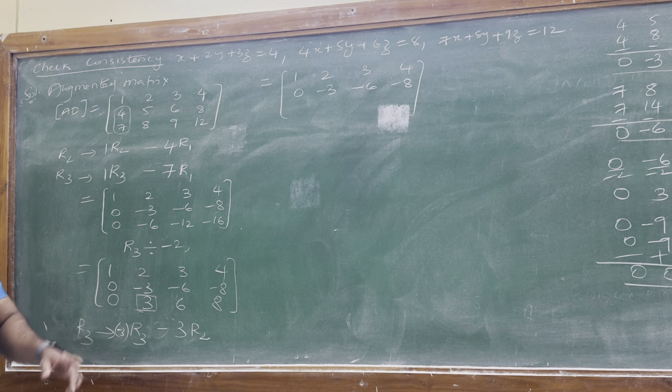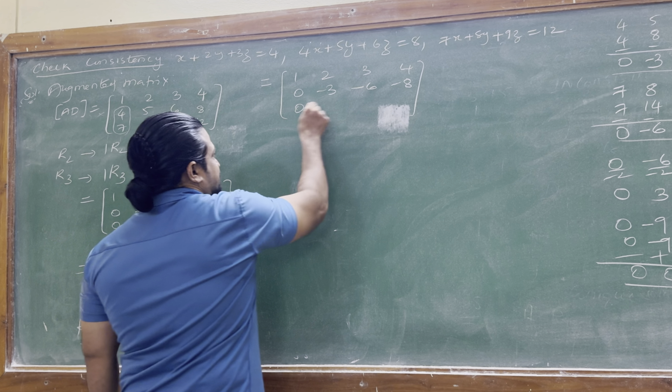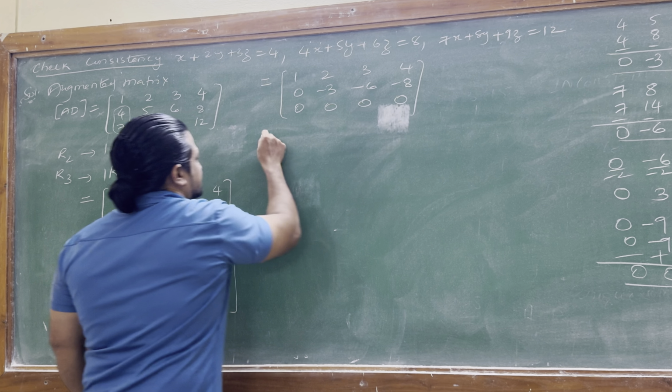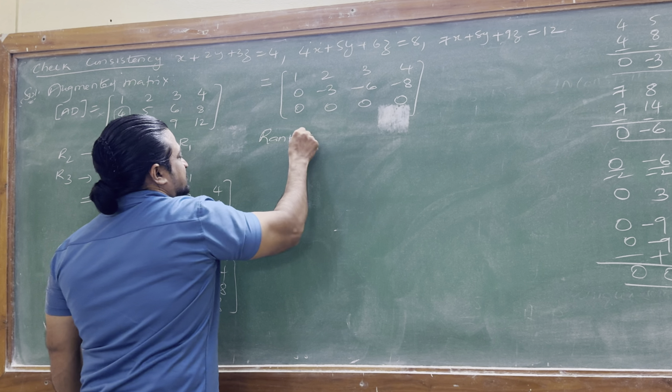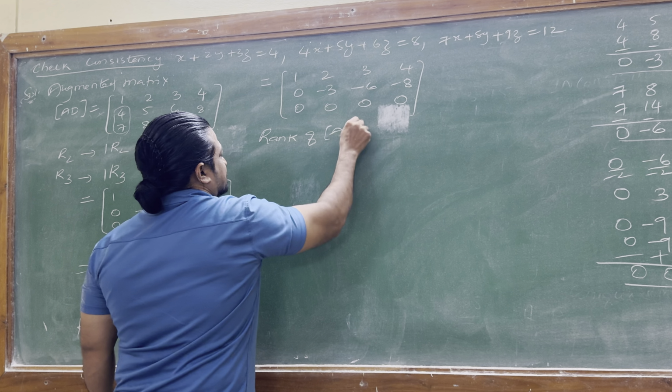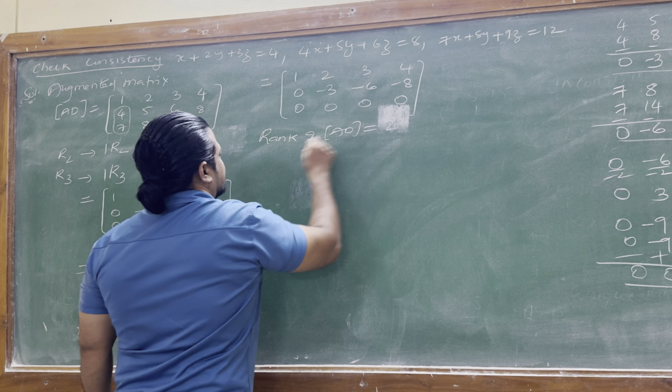Then all zeros. Non-zero rows, but all are zeros.